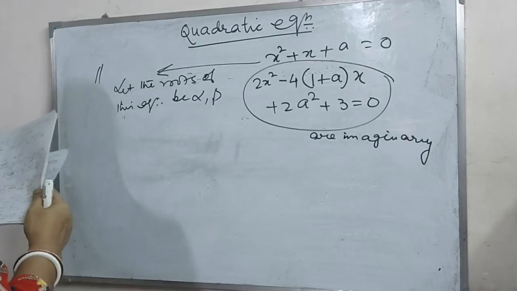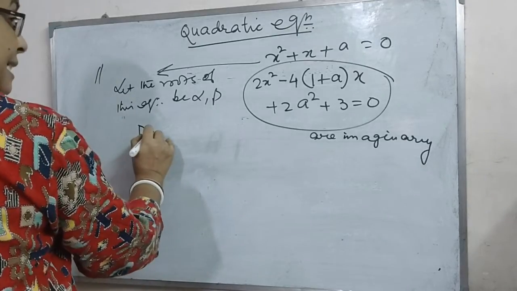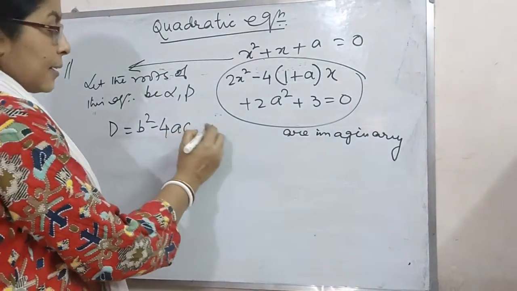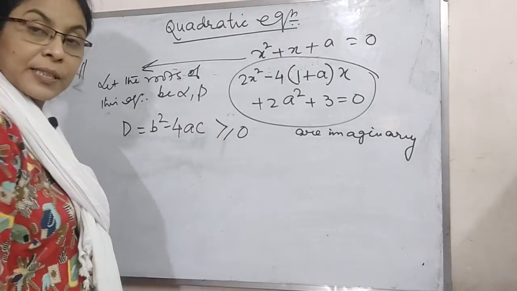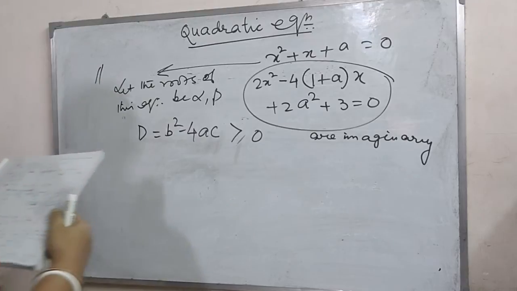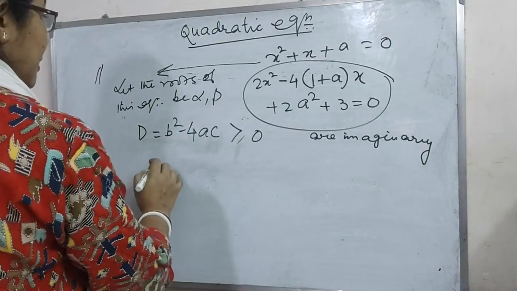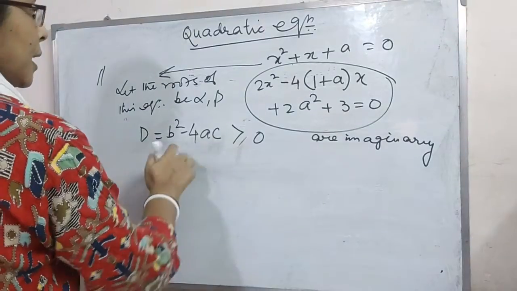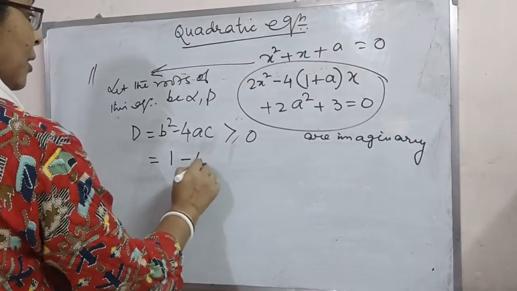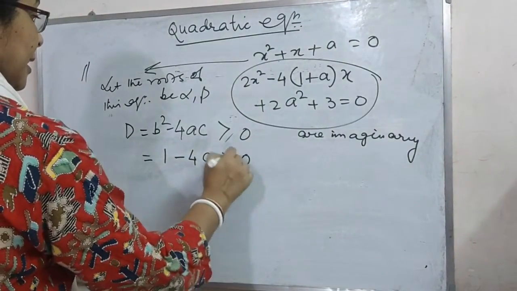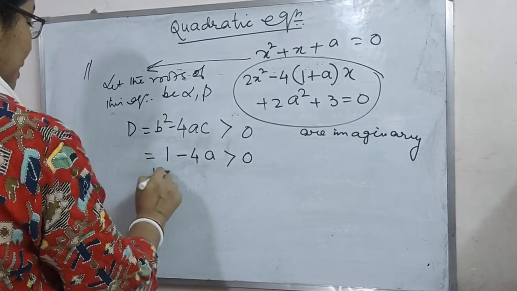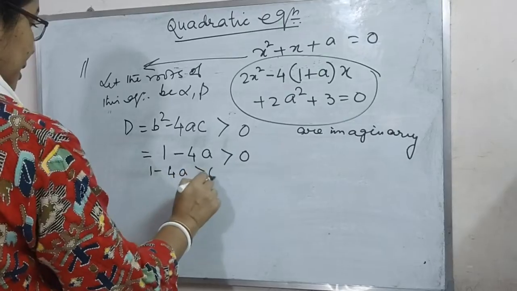That means the discriminant D equal to b square minus 4ac is greater than 0. Here b equal to 1, a equal to 1, c equal to a, so 1 minus 4a is greater than 0.